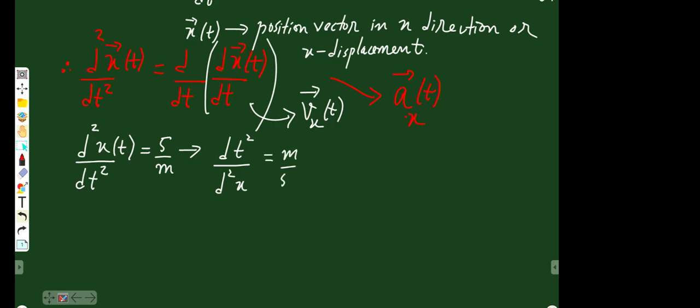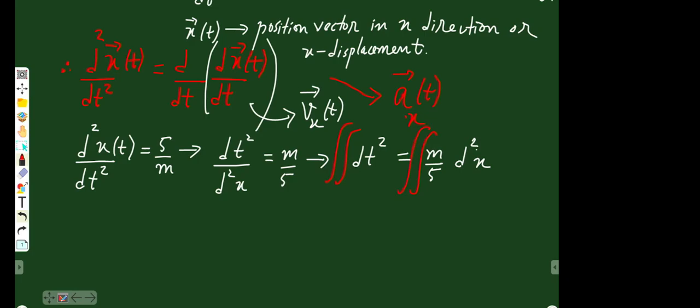M divided by 5, right? And then you are going to cross multiply, right? M divided by 5. This is going to be d squared x. Then what you have to do is introduce a double integral here, right?